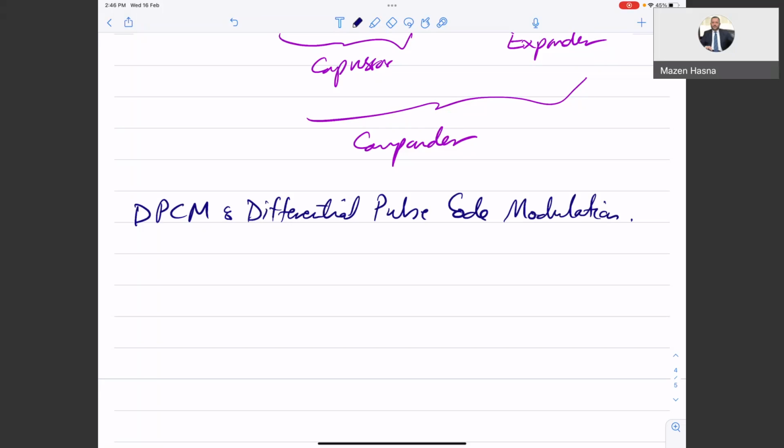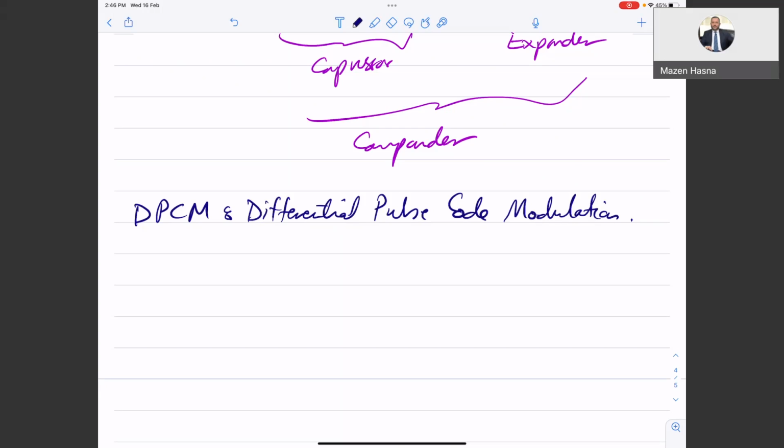So he said, one way to solve this problem, let's not send the value of the sample itself. Instead of sending the sample itself, why don't we take the difference between each two samples? And since we are sampling at Nyquist rate or more than Nyquist rate, samples are very close to each other. Then the value of the signal will not change a lot from sample to sample.